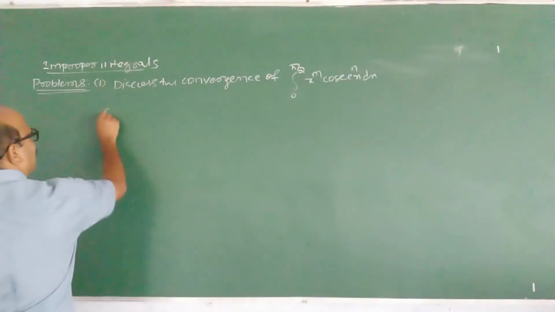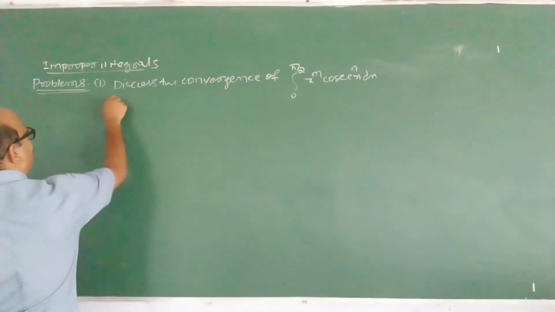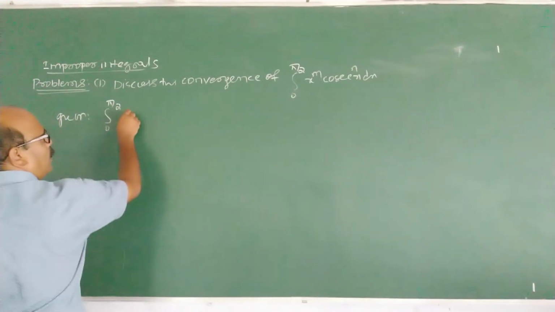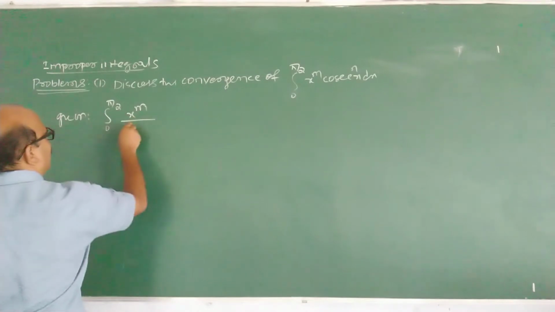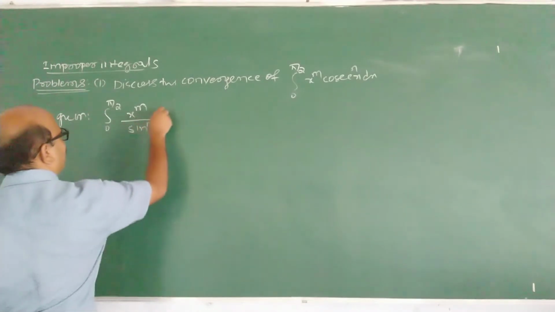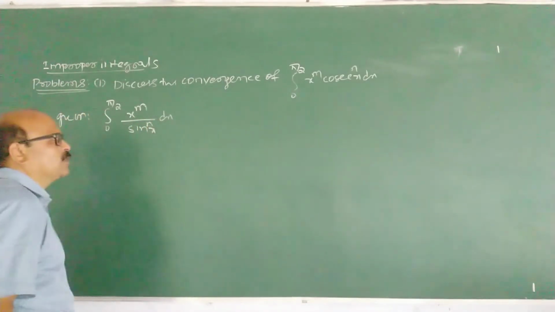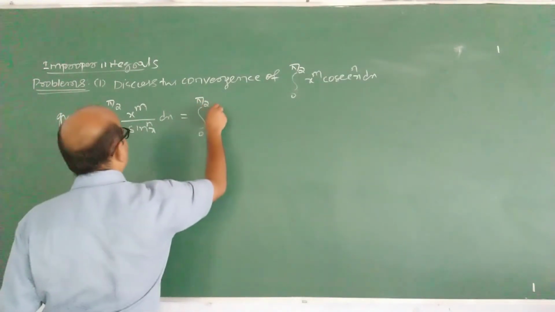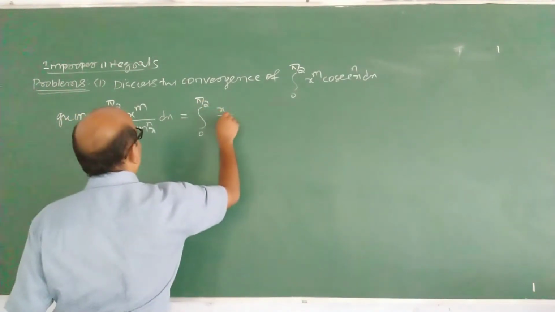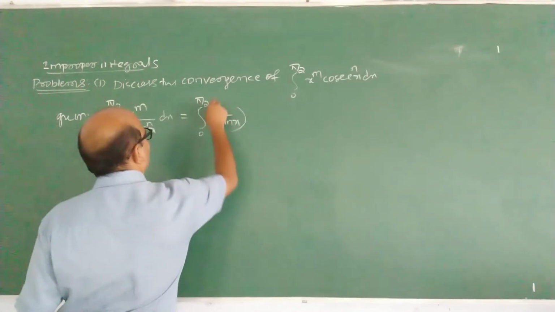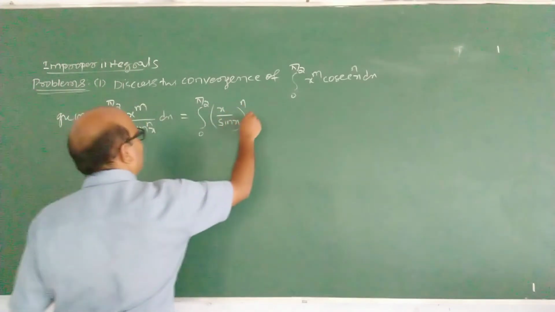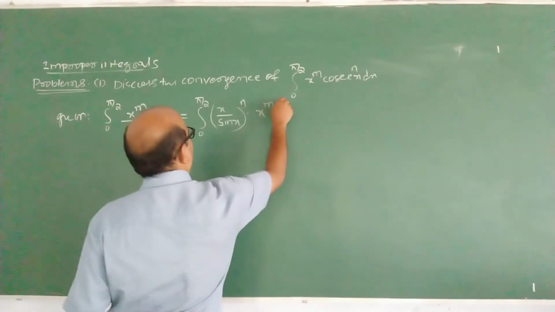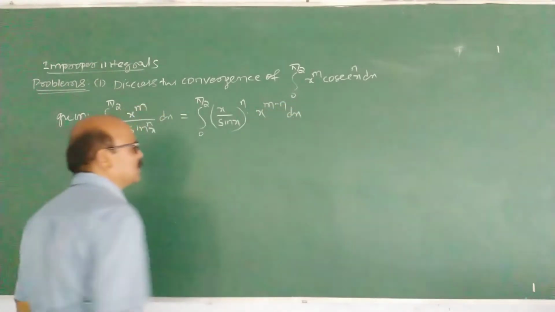First step is we write the given problem as the integral from 0 to pi by 2 of x raised to m by sin x raised to n, because cosec is 1 upon sin, and further simplify like this: 0 to pi by 2 of x by sin x raised to n into x raised to m minus n with respect to x.